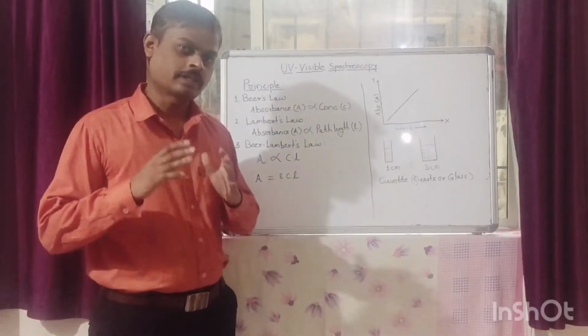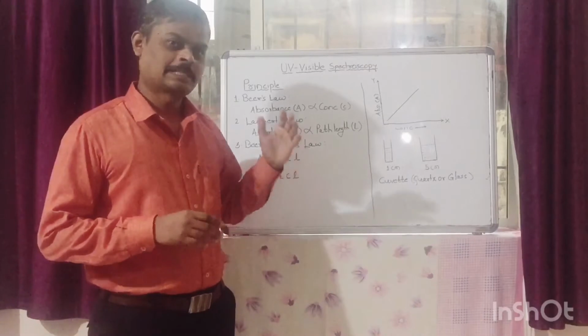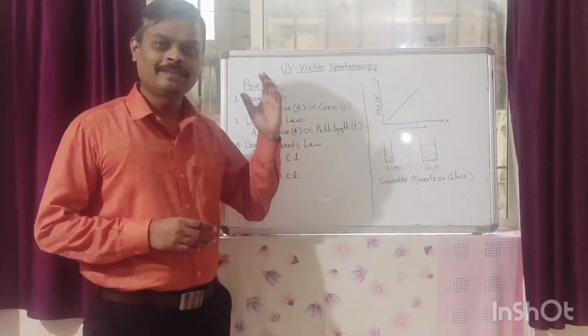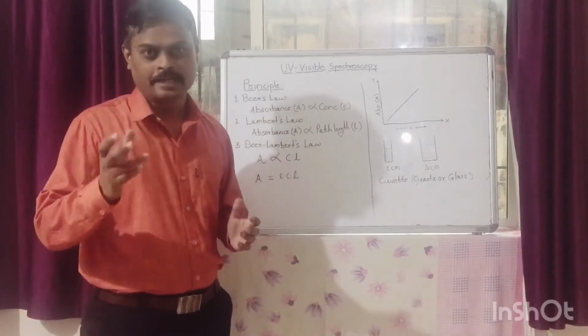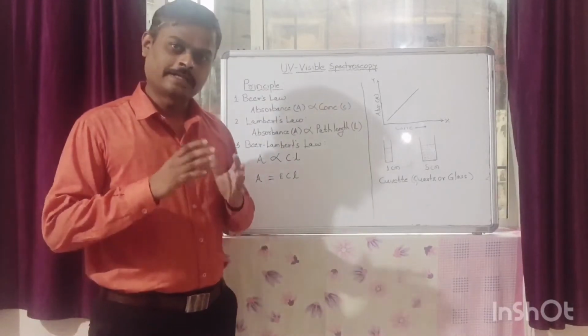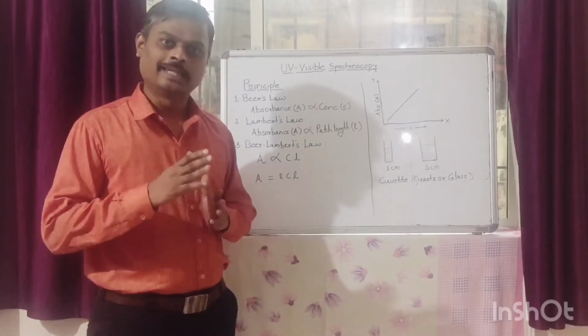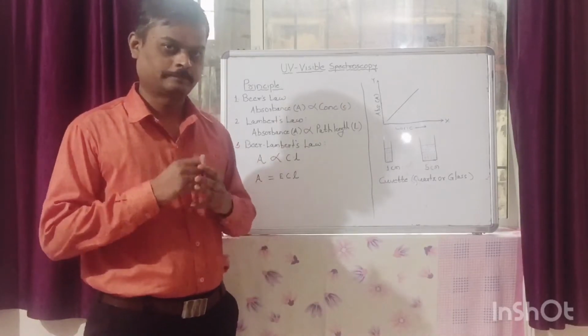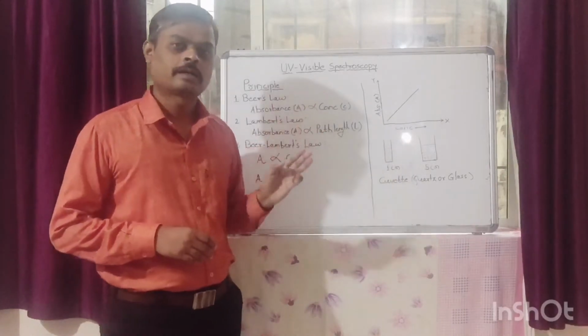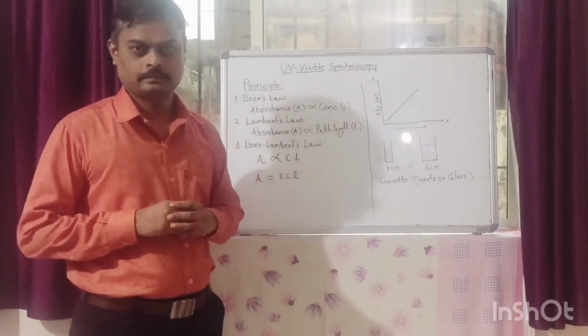Friends, what is spectroscopy? Spectroscopy is the study of interaction between matter and radiation, that is light. Matter may be solid, liquid or vapor. UV stands for ultraviolet.